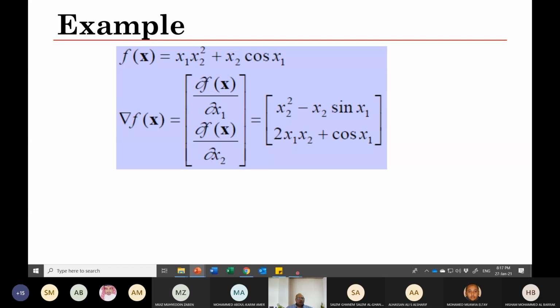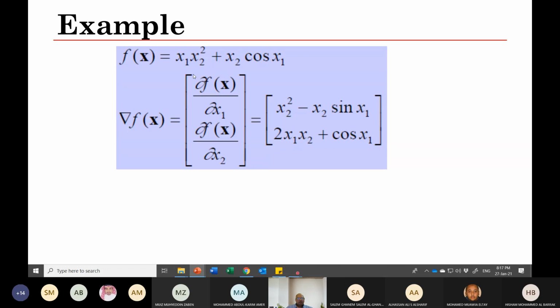Let us assume, for example, f(x) equals x1 x2 squared plus x2 cosine x1. This is the function, with 2 variables, x1 and x2. You can get partial f of partial x1 and partial f of partial x2, the gradient vector. Taking the derivative with respect to x1, this will be x2 squared plus x2 times minus sine x1.